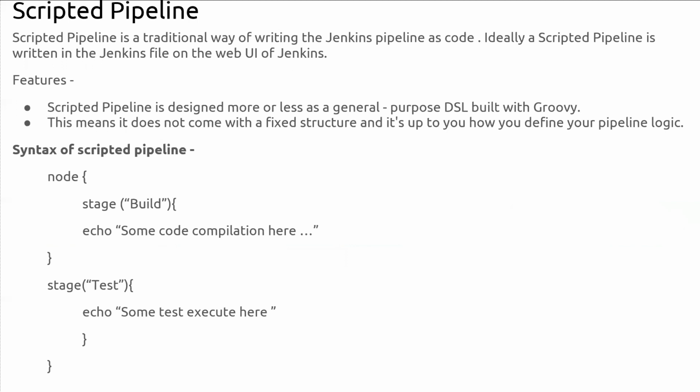Ideally, a scripted pipeline is written in Jenkinsfiles or on the web UI of Jenkins. The scripted pipeline is designed as a more or less general-purpose DSL built with Groovy. We'll talk about this DSL in our next videos. So just understand the structure: in the pipeline we have a scripted structure where we write some script and deploy it.